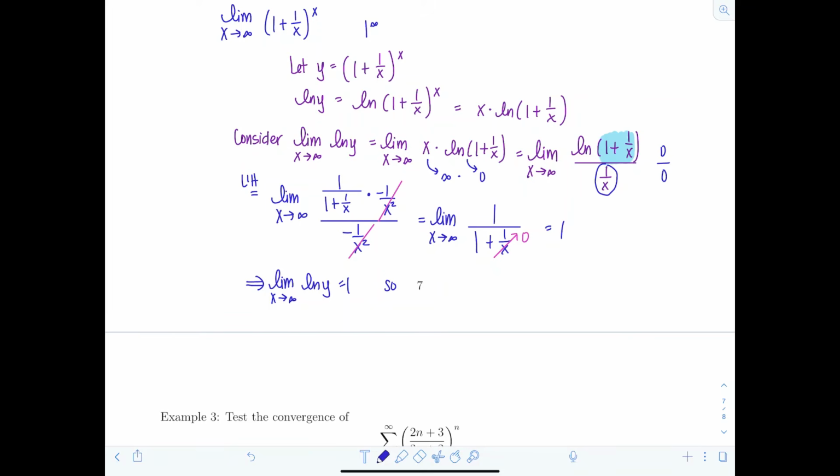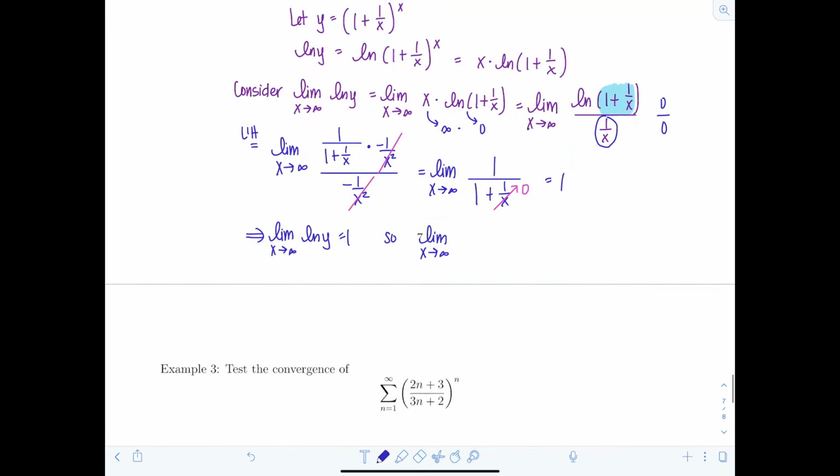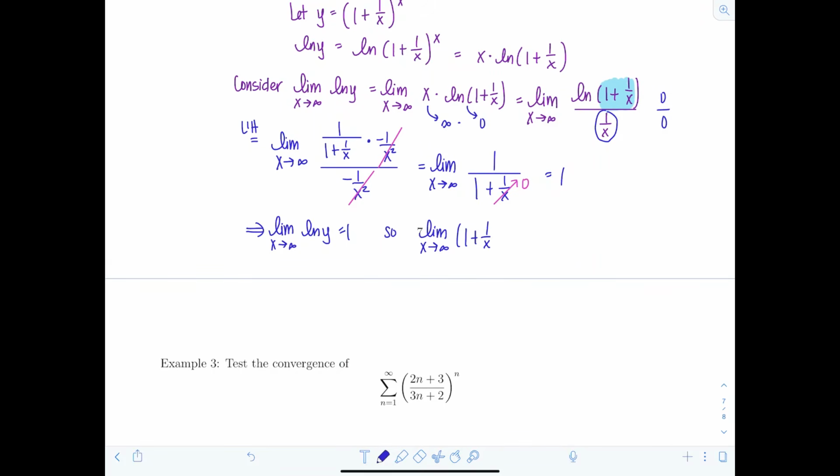So my original limit as x approaches infinity of (1 plus 1 over x) to the x is going to be e raised to the limit as x approaches infinity of the natural log of y, which is going to be e to the first, since that limit was 1, which is e.